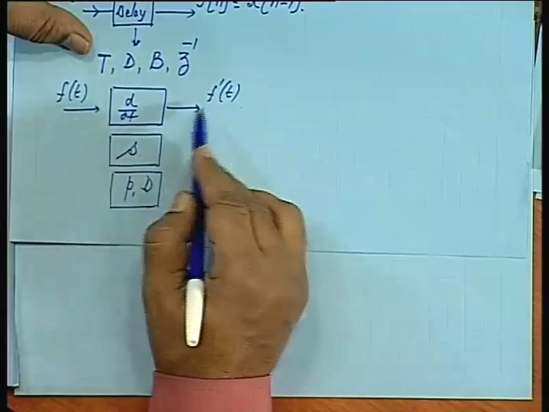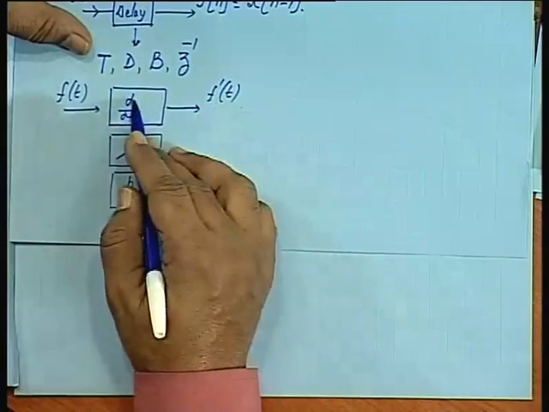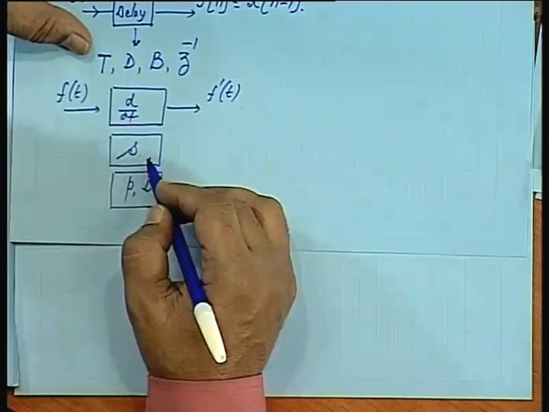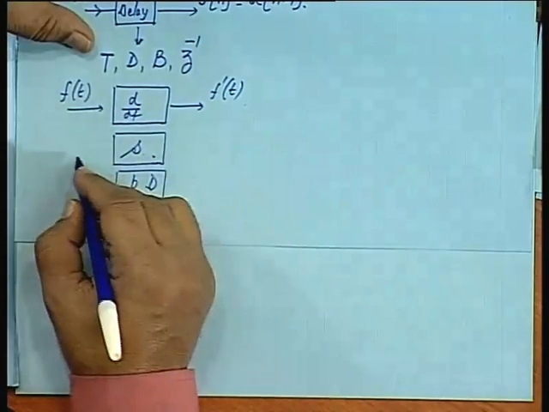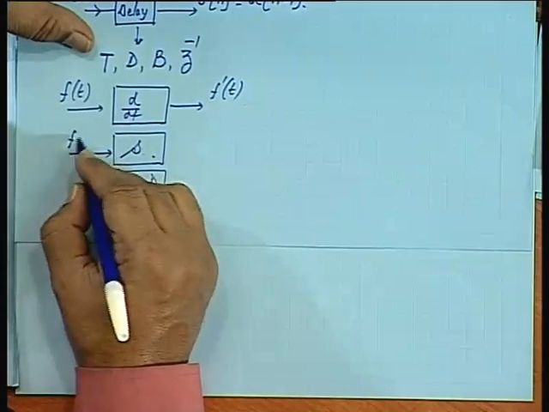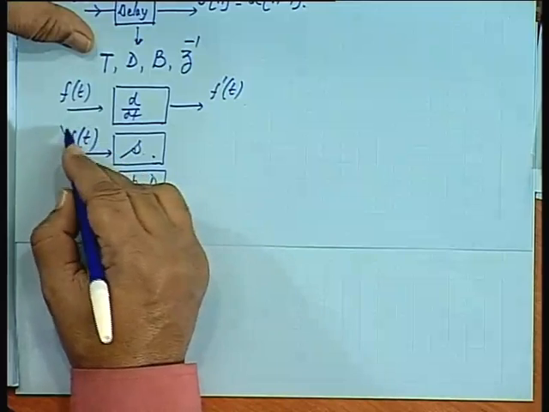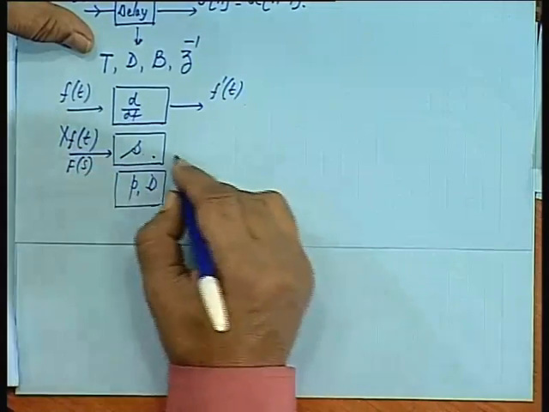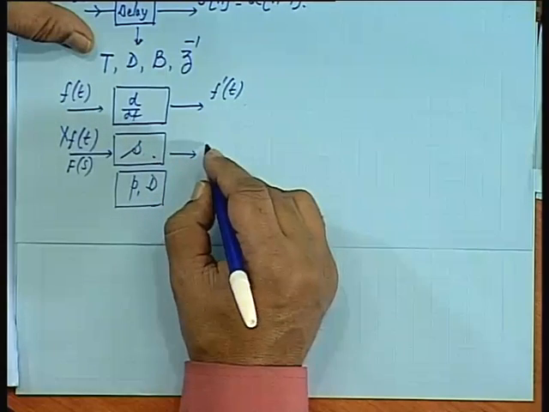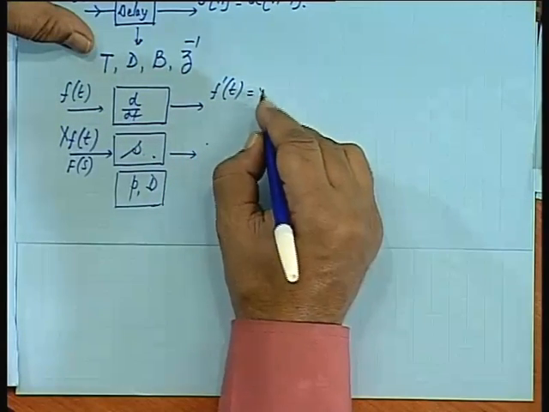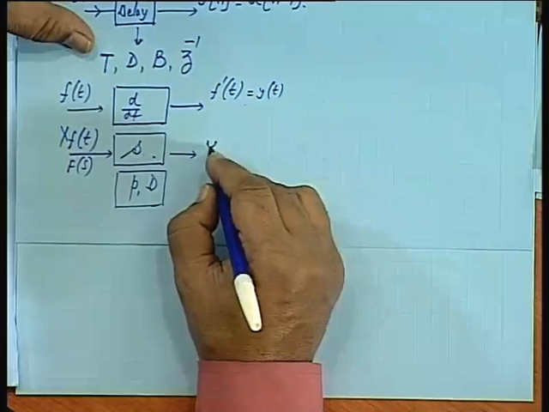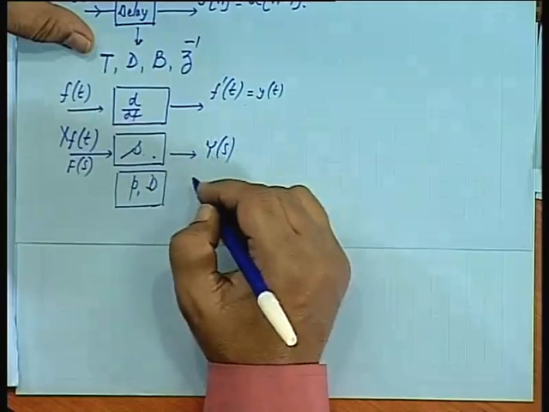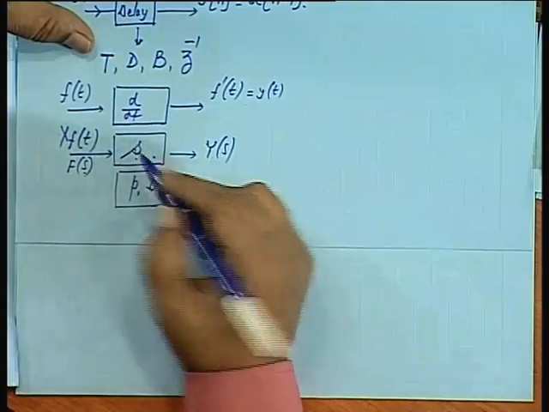If you are working in the time domain only, then you write d by dt, but the moment you use this as a Laplace operator s, then you should not write f t, this is not correct. You should write its transform f s and the corresponding output. Suppose this was y t, then I will call it y s and not y t. Y s happens to be s times f s in this case.